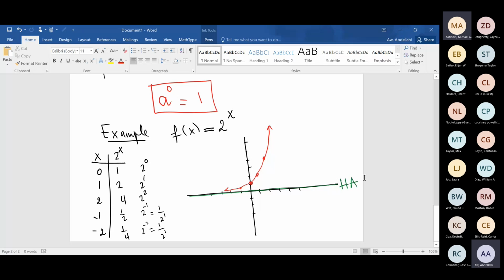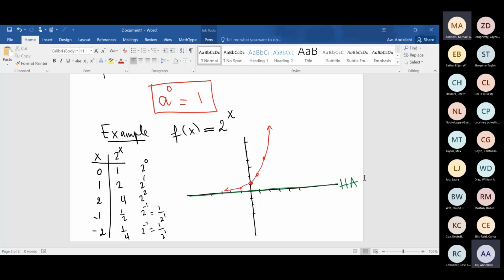Because my red graph will get close to that line, but will never reach it. There is no number that you plug into exponential base 2 and you get 0. You can get very small numbers.